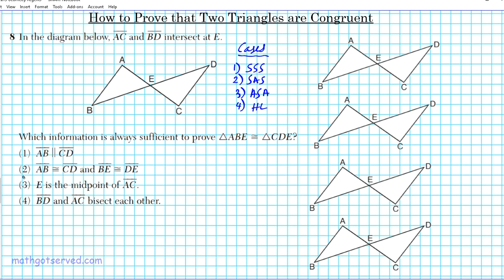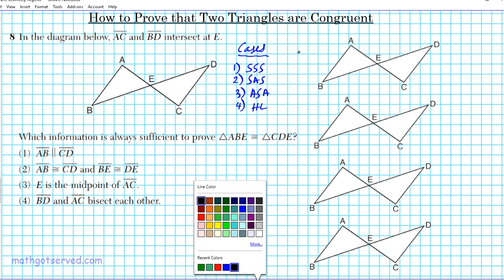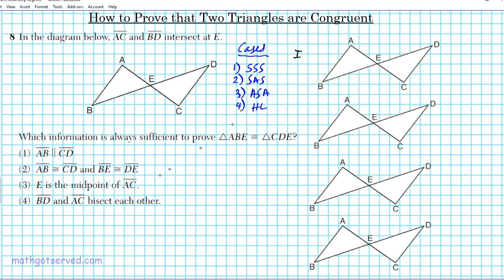Now let's take a look at number 1, 2, 3, 4, and then we're going to apply the conditions given to the pair of triangles and see which one satisfies one of these cases. In option 1, you're told that segment AB is parallel to CD. So let's use the first diagram here on the right for option 1.